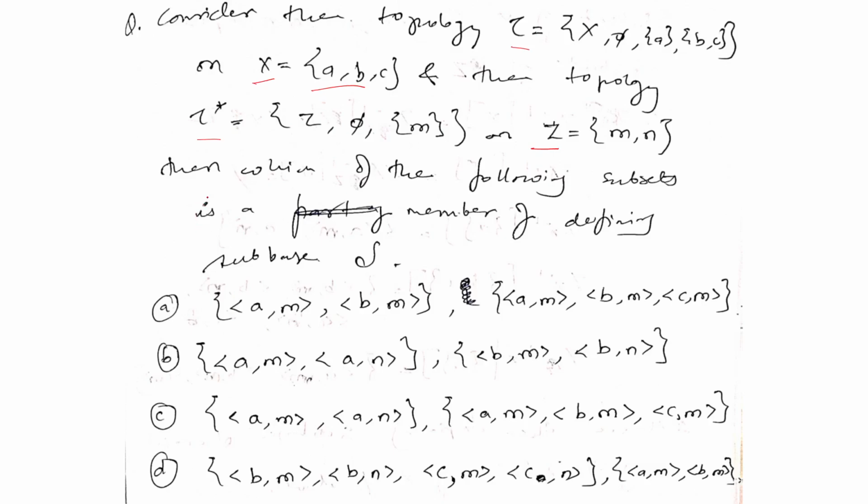So your question is, which of the following subsets is a member of the defining subbase S? Here you have been given some subsets in each of the options A, B, C and D. You need to find which of these subsets is a member of the defining subbase S. So you need to find the subbase S, and then find which of these will be a member of it.